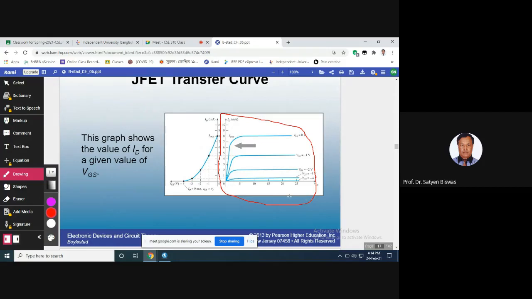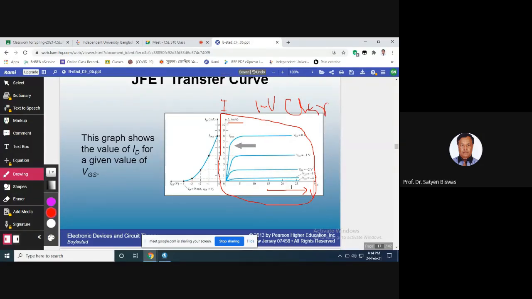This is called characteristic curves, IV characteristics, because this one is I, the y-axis, and the x-axis is V. So this is called characteristic curves, and sometimes we call it IV characteristics.